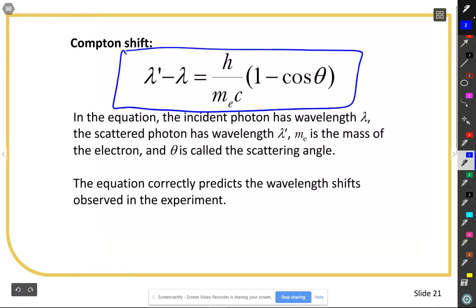the change in wavelength, so wavelength prime is the new observed wavelength, minus the original wavelength, is equal to Planck's constant over the mass of an electron times c, times 1 minus cosine theta, where theta is the angle that it scatters, the deviation angle.